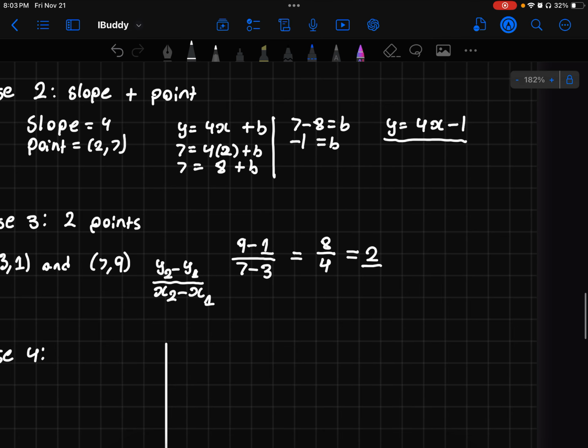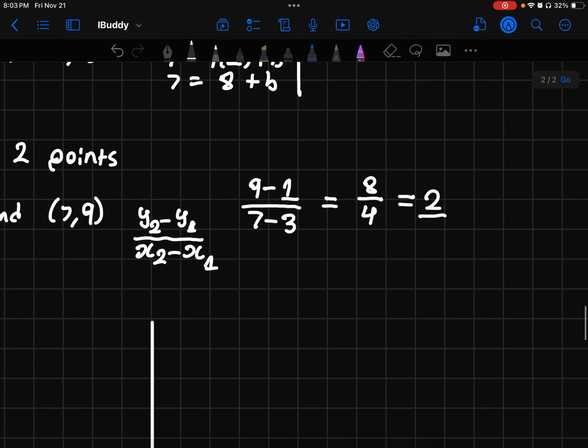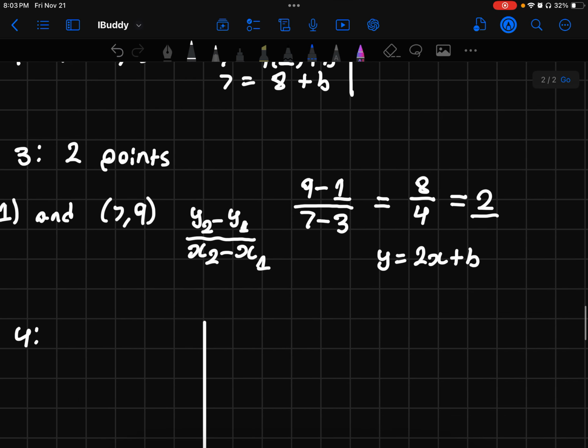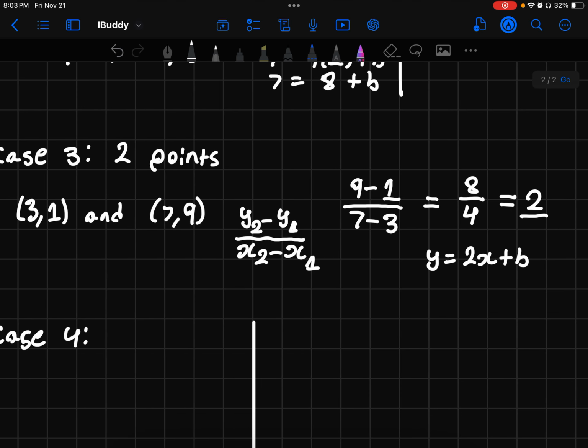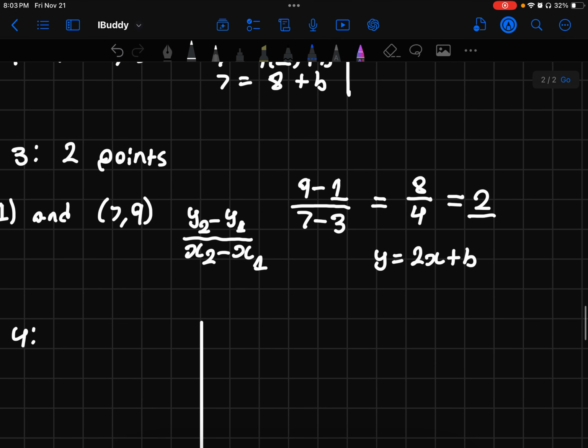So we input that into the formula, y is equal to 2x plus b, but now we still need the b value. To find this, you take one of the points. We'll use 3 and 1 because it's an easier point to use. You input that, just like we did in the last case.